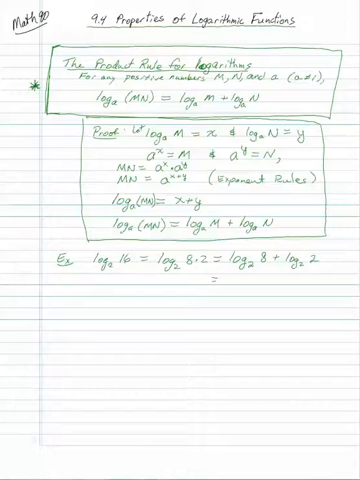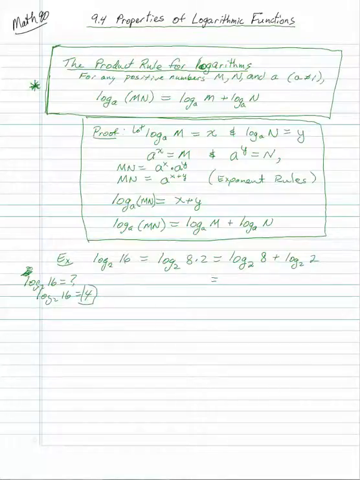Now, I would never do this, because I'm just showing you that it works. So if I asked you to do log base 2 of 16, you should tell me, well, 2 to what power is 16? And the answer is 4.